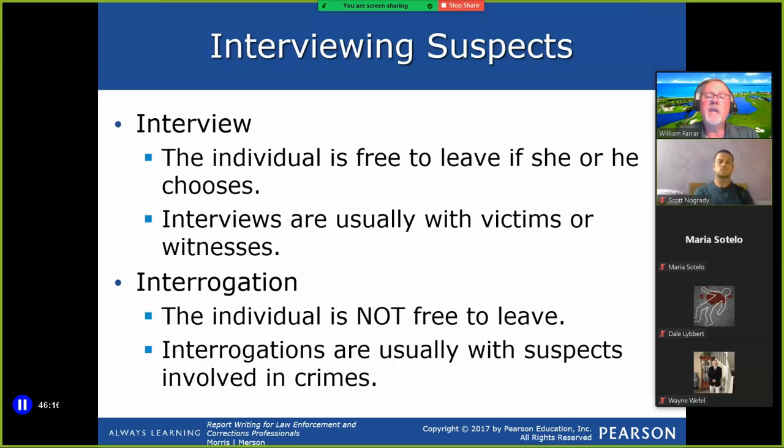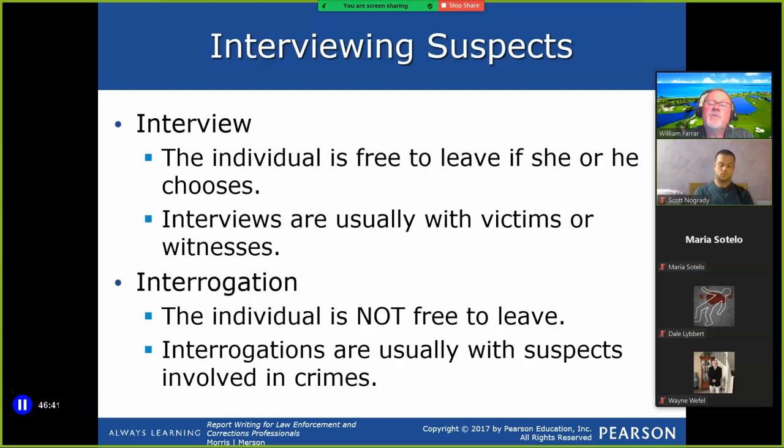With an interrogation, that person is usually not free to leave, because you are asking accusatory questions. And interrogations are usually, again, with suspects that are involved in crimes. So that's one easy way to remember that. Now, it's not always 100%. Remember, an interview can start off as an interview and turn into an interrogation.